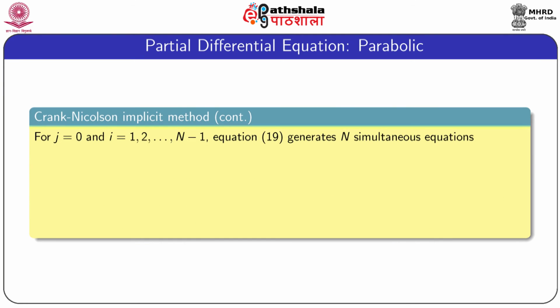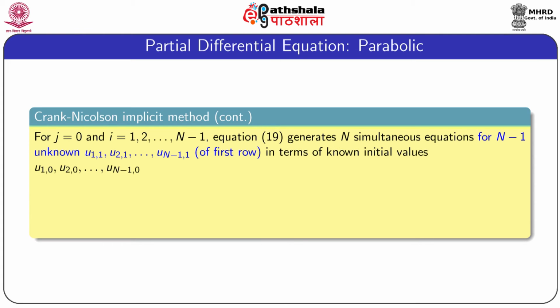For j equal to 0 and i equal to 1 to n minus 1, equation 19 generates n minus 1 simultaneous equations for the unknowns u11, u21 up to u(n-1)1. That means these are the values of the first row of the table, in terms of the known initial values u10, u20 up to u(n-1)0, and the boundary values u00 and un0.